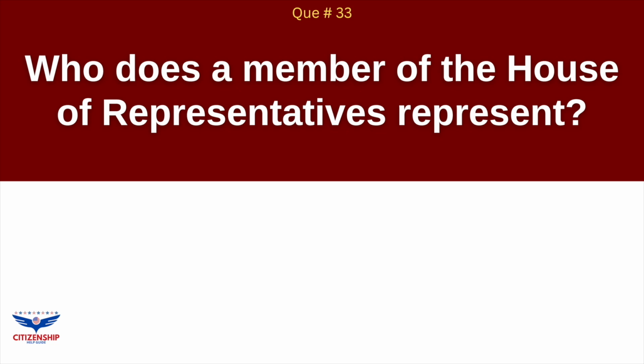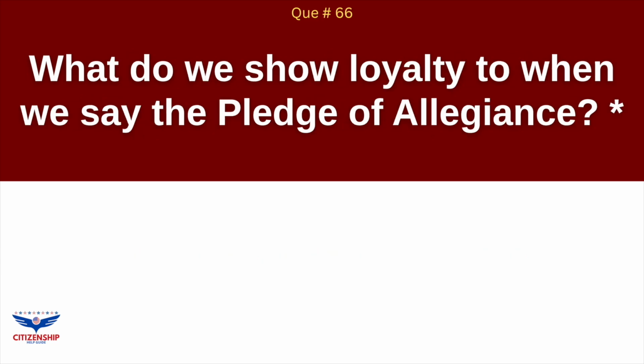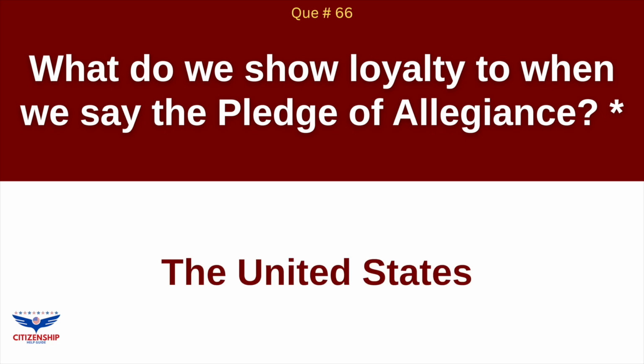Who does a member of the House of Representatives represent? Citizens in their district. What do we show loyalty to when we say the Pledge of Allegiance? The United States.